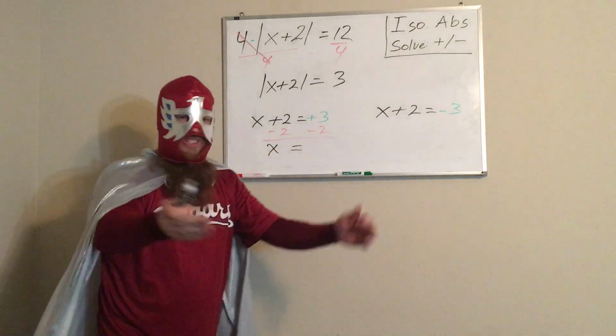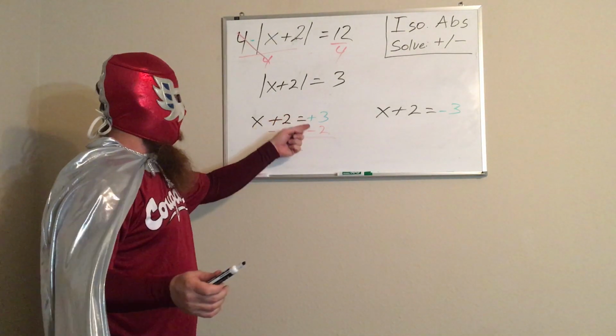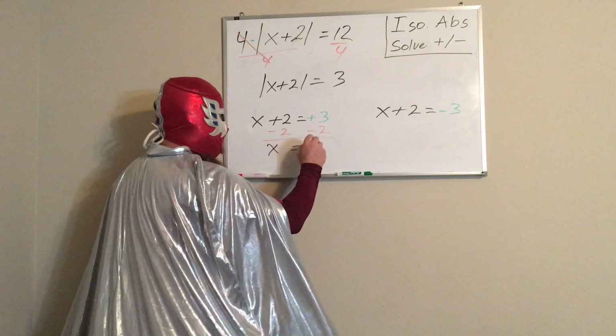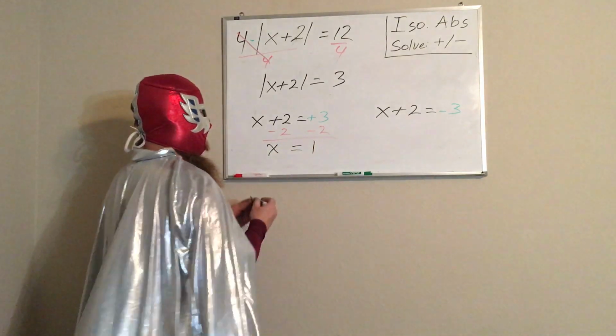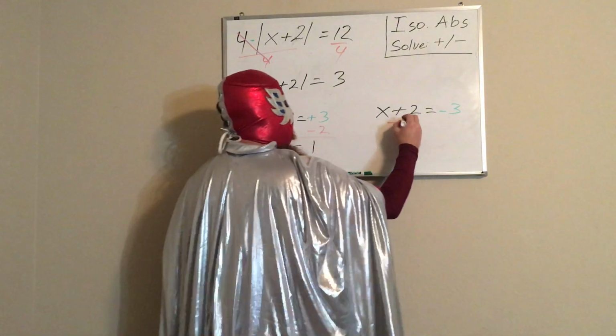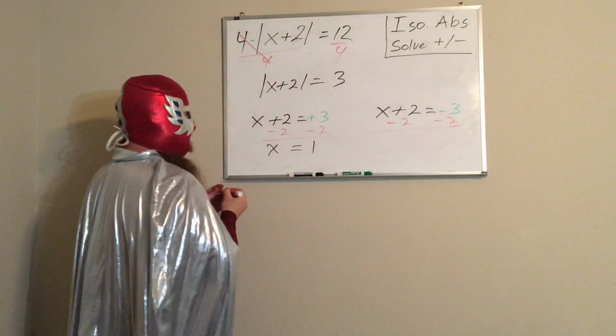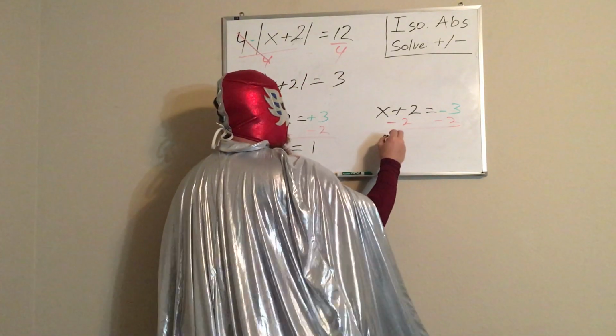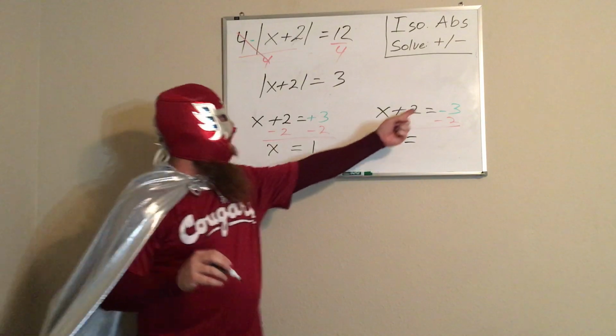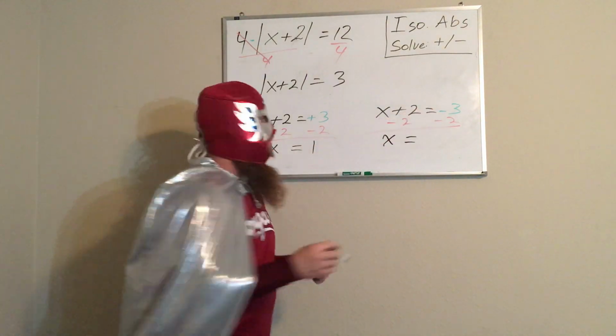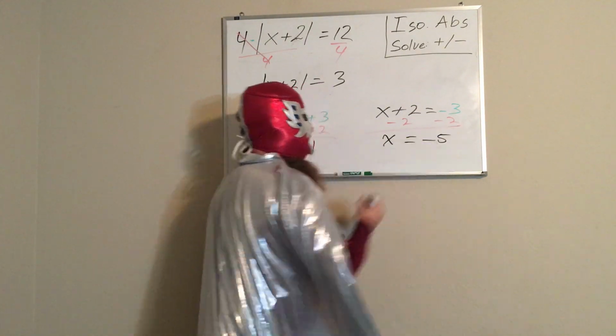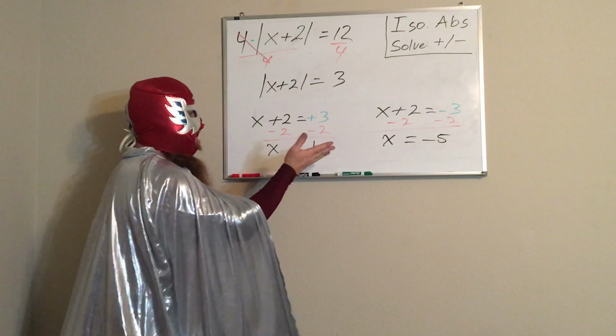Any little brothers or little sisters home, just ask them, what's 3 minus 2? And they will tell you, 1. Ha! And here, we subtract 2 from both sides. And x equals negative 3 minus 2, negative 5. And there you have it.